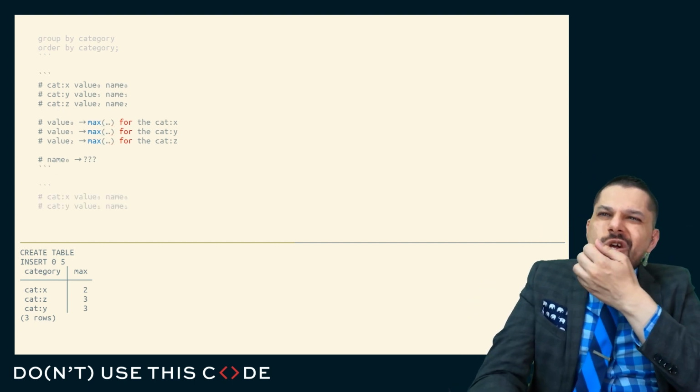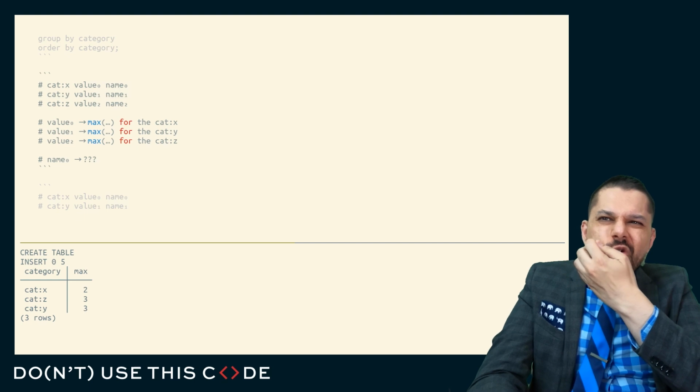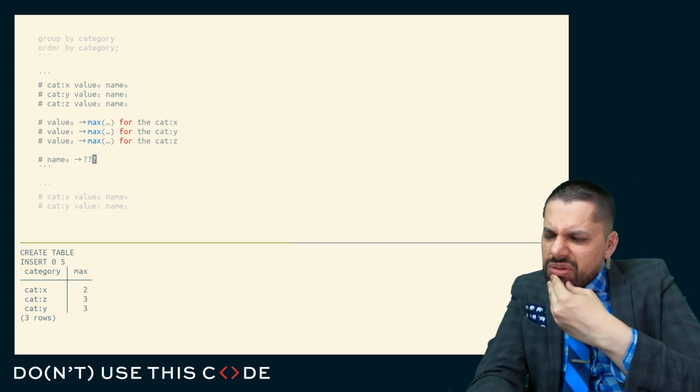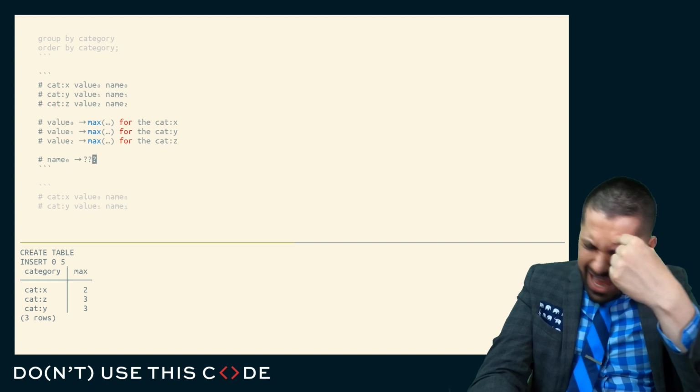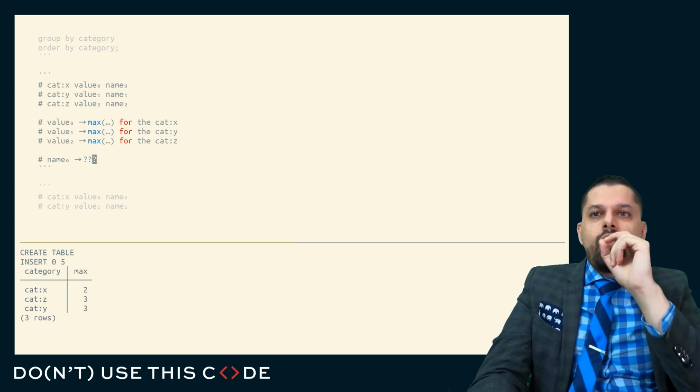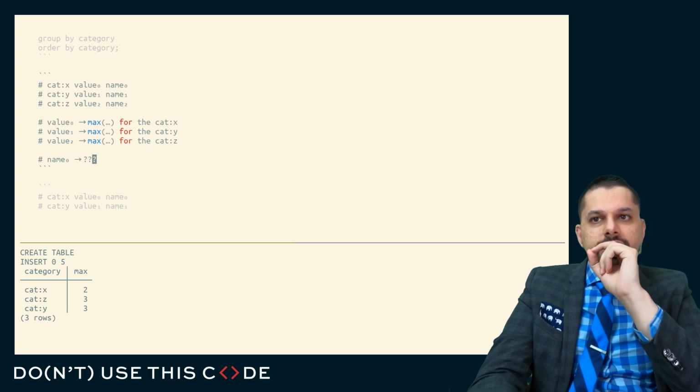I'm saying, take each group and identify from within each group the rows which happen to have the maximum value. And it seems so similar, but it is quite significantly and substantially different.